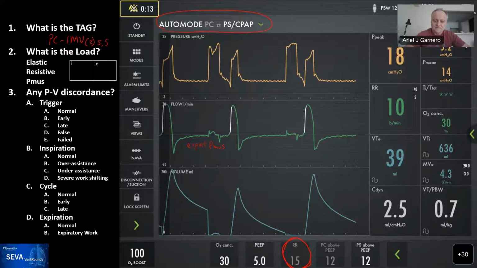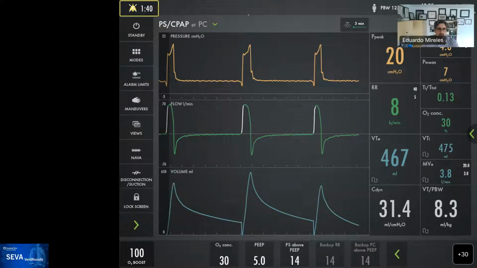Okay. So then the patient was changed to pressure support, just to see what the patient would do on their own, correct? And this is what you now see in this circumstance: the actual rate that the patient wanted to maintain was a rate of 8. All the breaths are triggered by the patient, as you can see here.